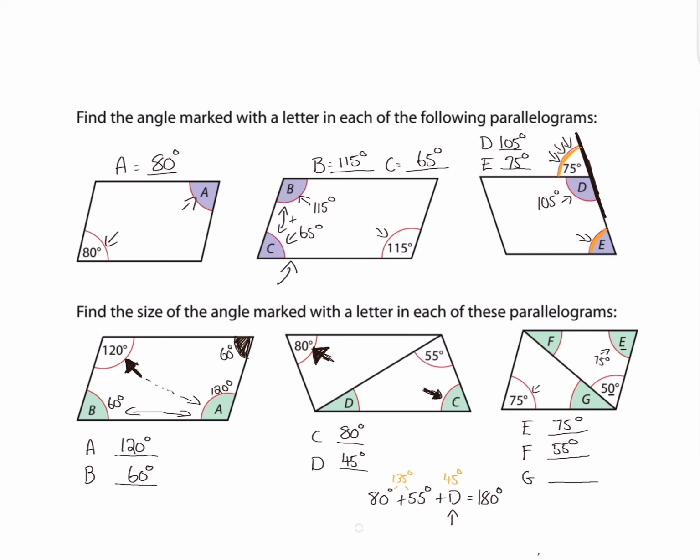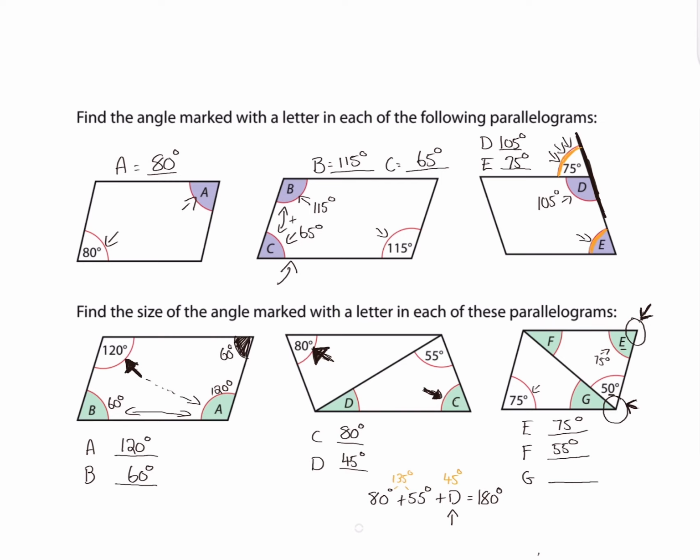And in all the other sums, we had to find out what this angle and this angle added together are. So when you add this angle here and this angle here, you get 180, yeah? That's correct, right? So when you add this angle and this angle, you should get 180.